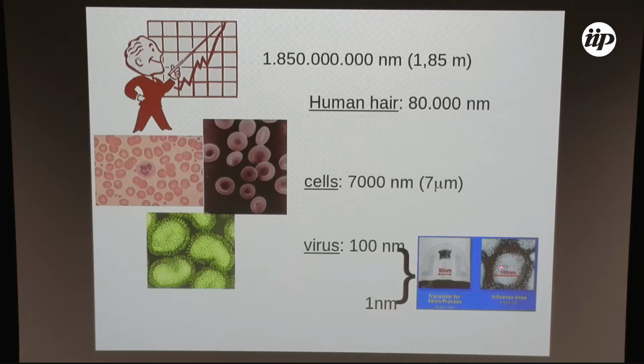It's around 100 nanometers, and here you have an Intel transistor of the same size. Okay, so nowadays it's possible to build up in a lab very small devices, even smaller than that. Nowadays you can find the transistors in the range of 10 nanometers or even smaller.